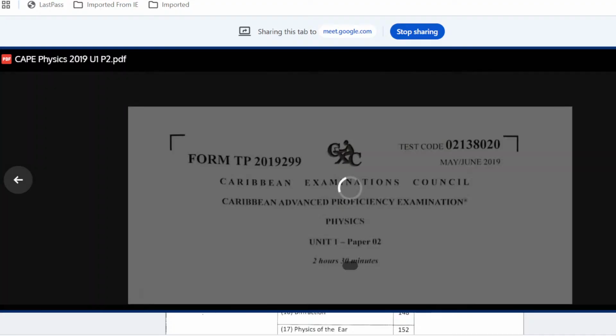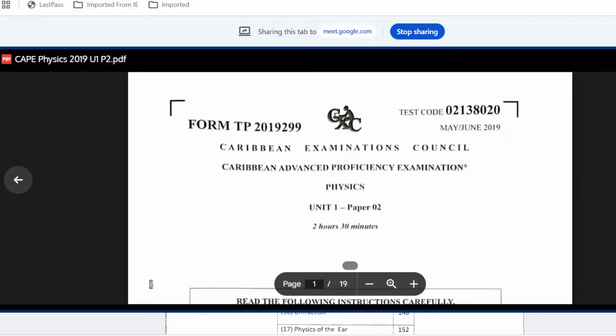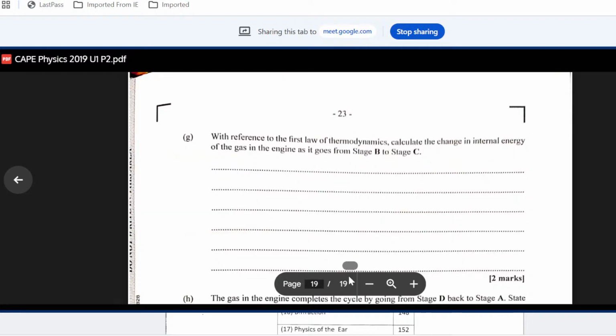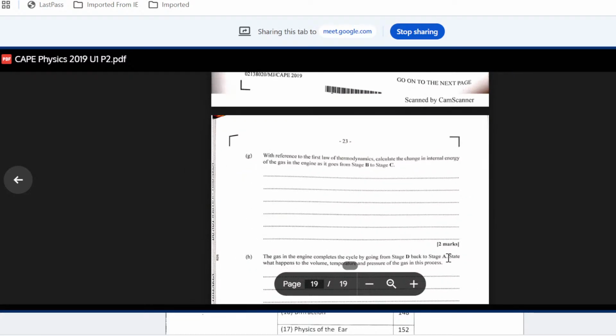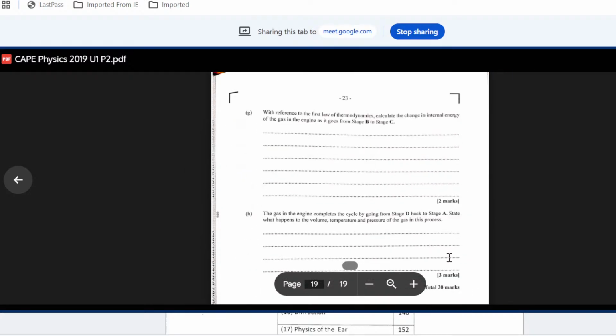Alright. So what approach did they want you to take? Did they want you to go using thermodynamics? Well, no, but this is technical thermodynamics as well. Yeah. So with reference to thermodynamics.